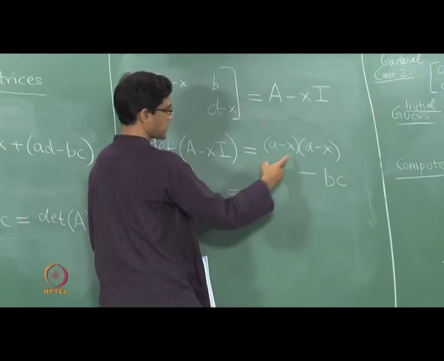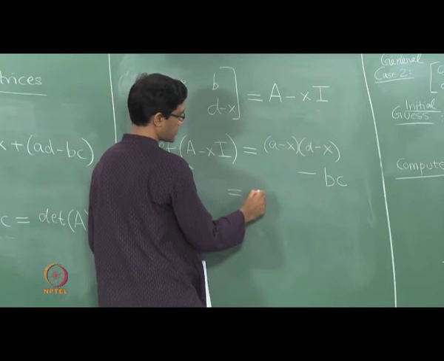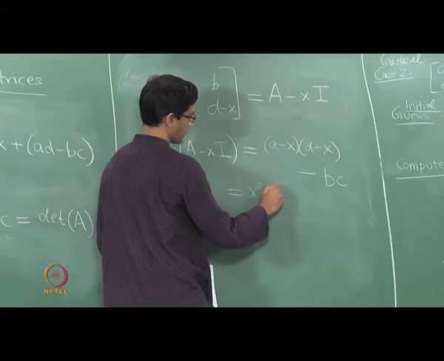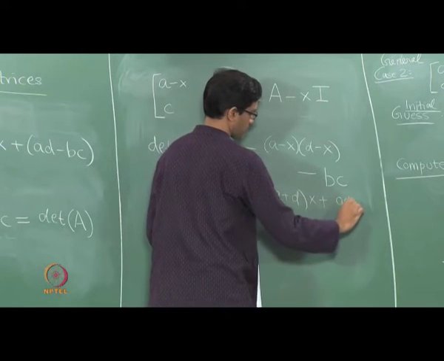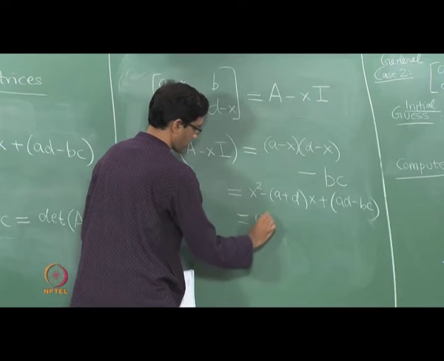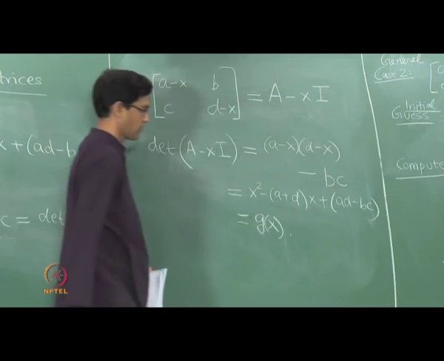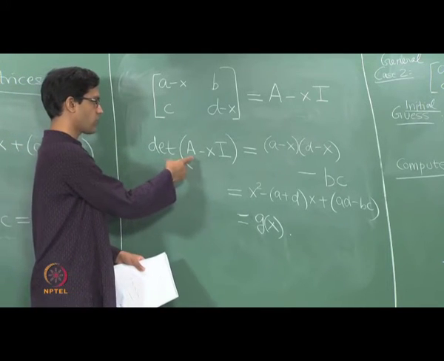And observe, I can switch this and call it (x minus A)(x minus D). So this is exactly x squared minus (A plus D)x plus AD minus BC. In other words, it is exactly the polynomial g that we constructed. So this polynomial g is in fact the determinant of A minus xI.